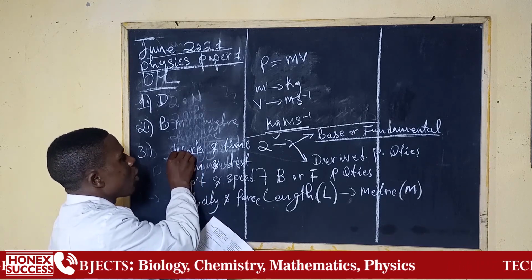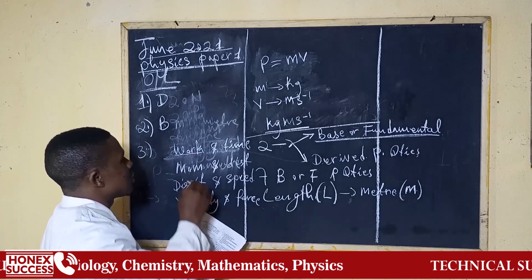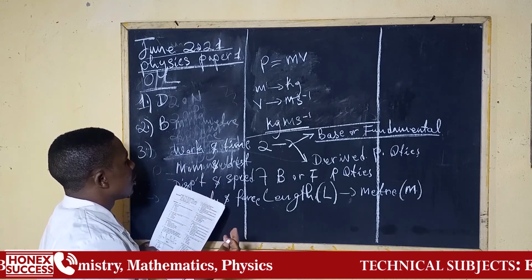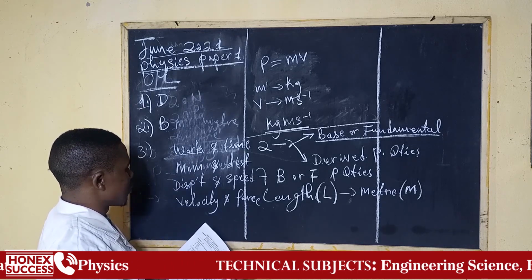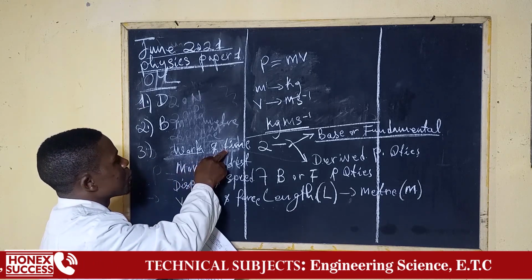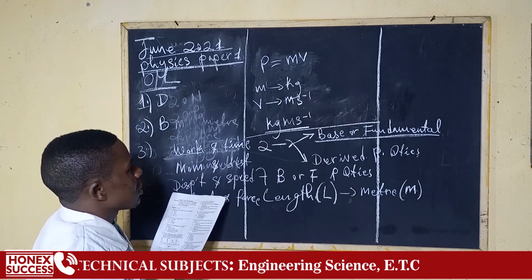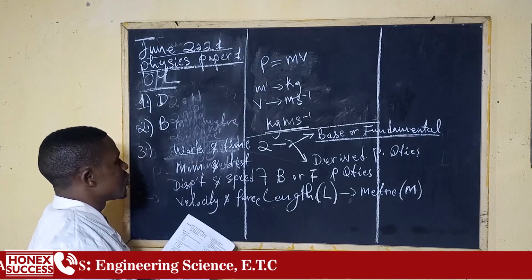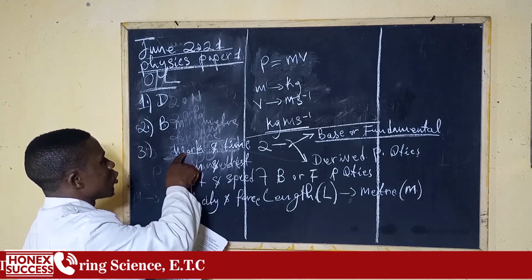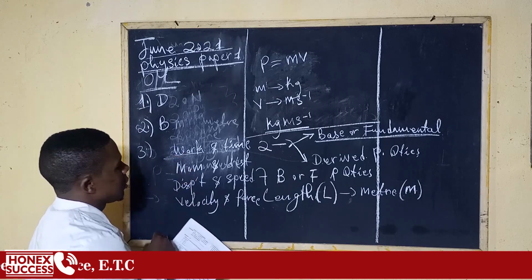You see that time too has just magnitude, it has no direction. So you see that option 1 gives us the right answer for question 3. So in question 3, the right answer will be A.